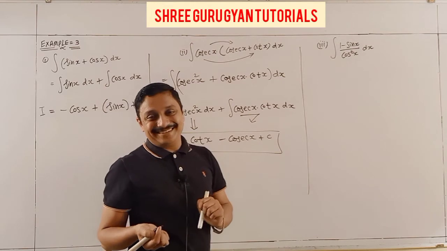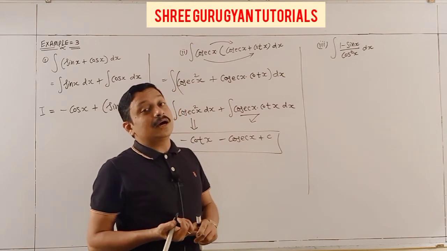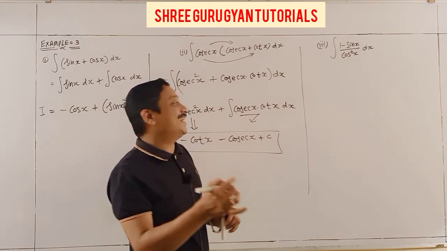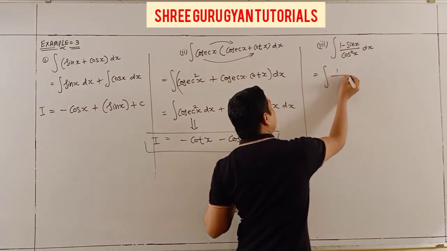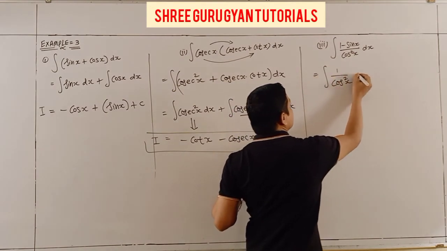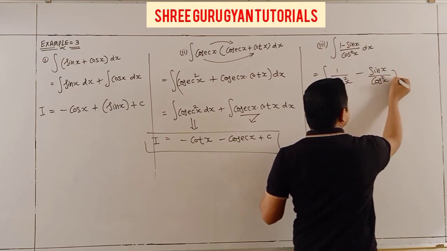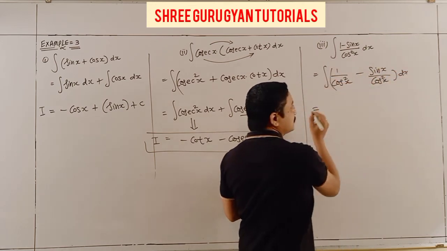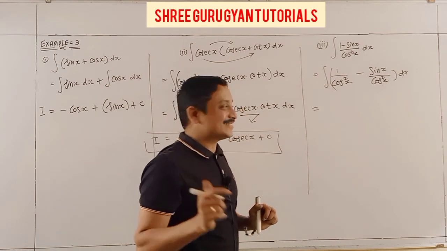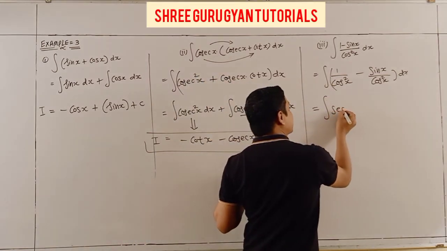Now third. Denominator given. Anyhow, denominator separate. So I just write down 1 by cos square x and, students, sin x by cos square x. And take out both separations. Here no doubt it is sec square x.